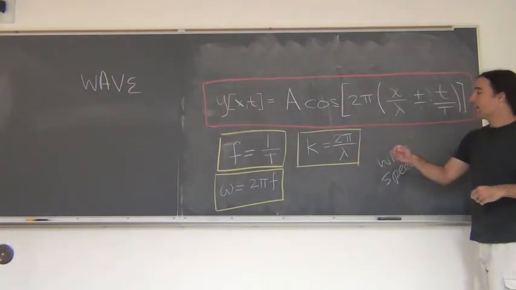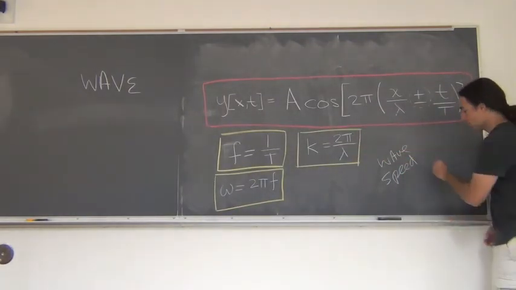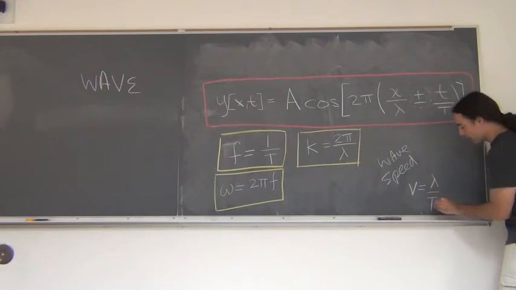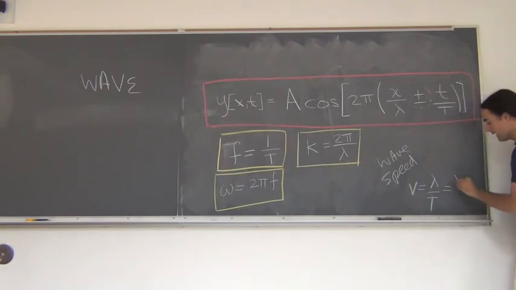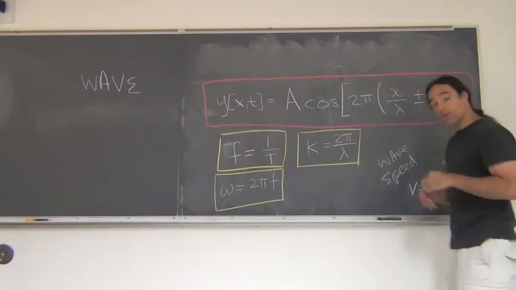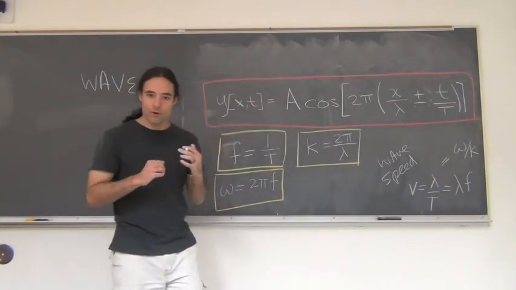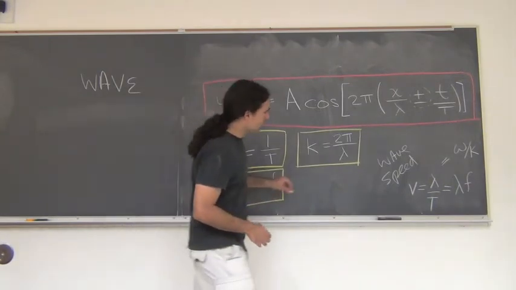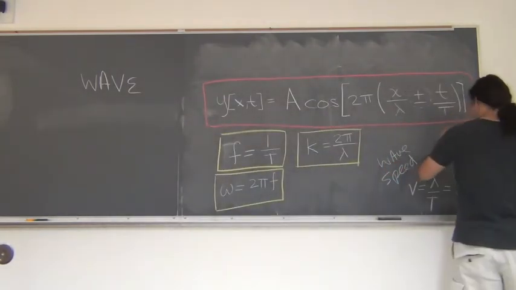And if I have a wavelength and a period, I can write that my wave speed is wavelength over period, or equivalently, is wavelength times the frequency, or equivalently, is the angular frequency divided by the wave number. All of these are different ways of writing the wave speed. Let's just put a box around these.